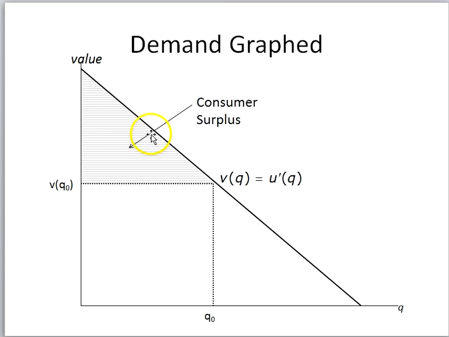But the size of the shaded area, the consumer surplus, on the other hand, is a reflection of how satisfied the society, or each one of the consumers, is by acquiring this set of products at this particular price. As you can see, this diagonal line is exactly a marginal utility, in the sense that the more we consume, the less value we perceive in the consumption of that item.